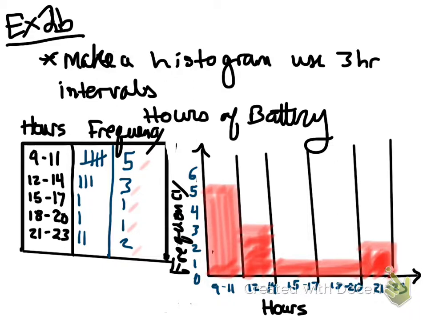We have a longer or greater range than we did before. So we have one more interval on our x-axis, one more time interval, because we broke it up into smaller chunks of 3 hours instead of 4 hours.